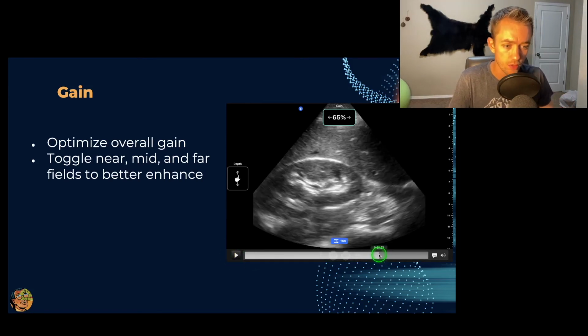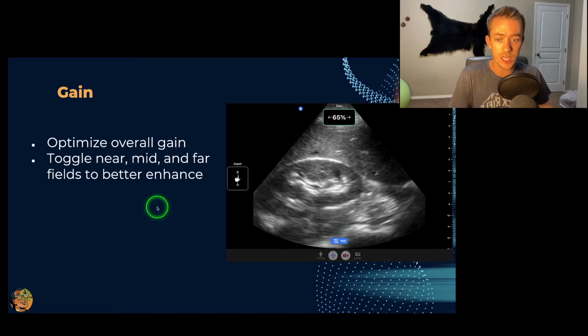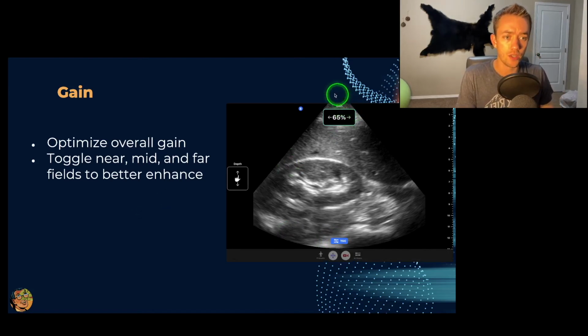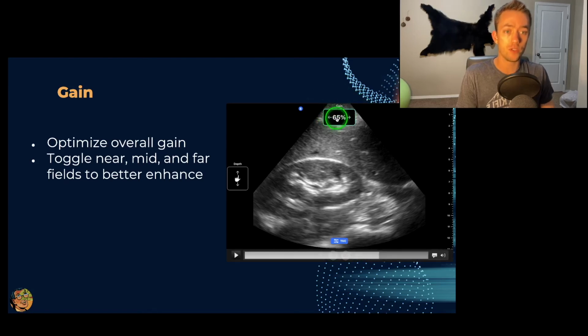Also, to note, this little button down here, if you click that, it toggles the near, middle, and far field. What do I mean by that? The ultrasound probe is here, and this is the most shallow structure to the probe, and this is the deepest structure.